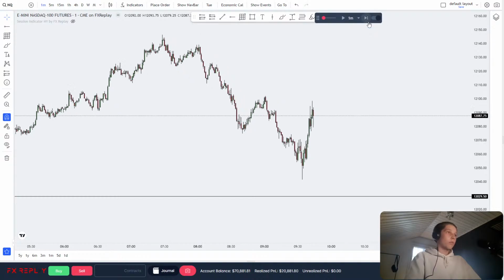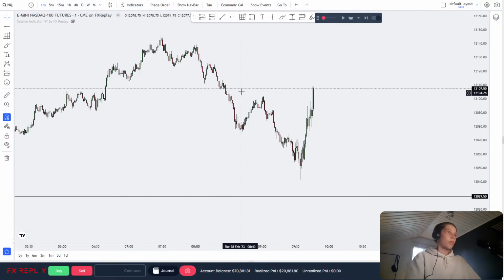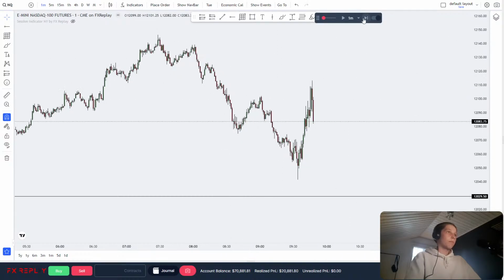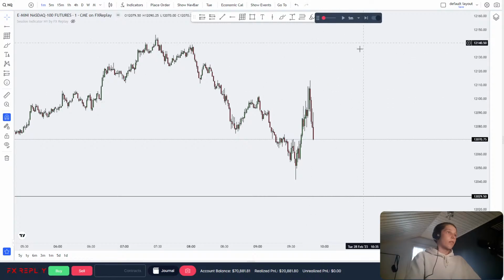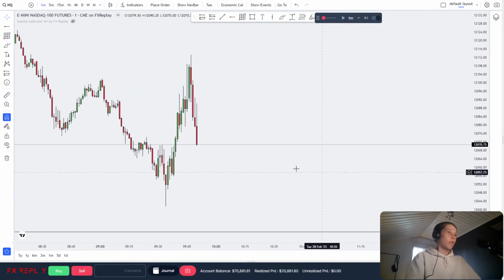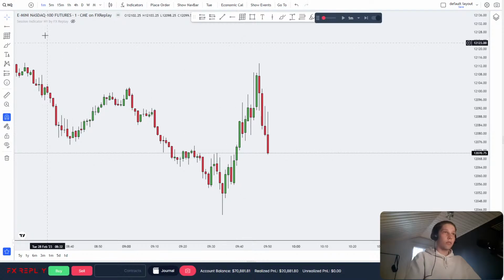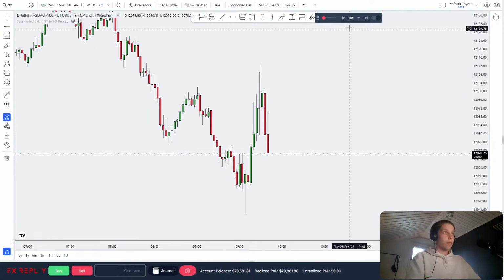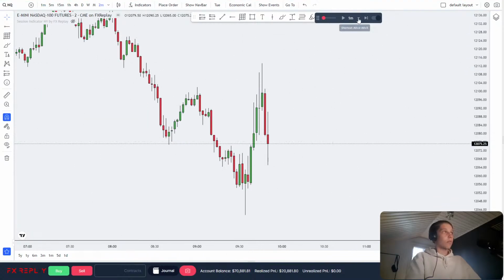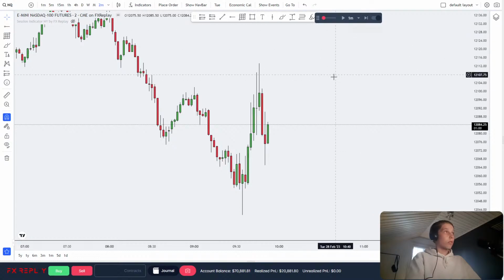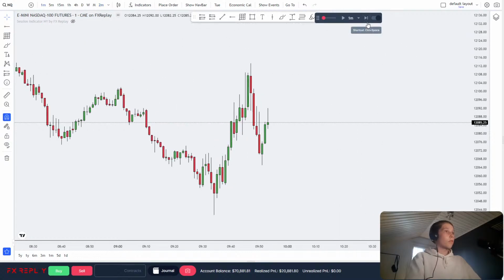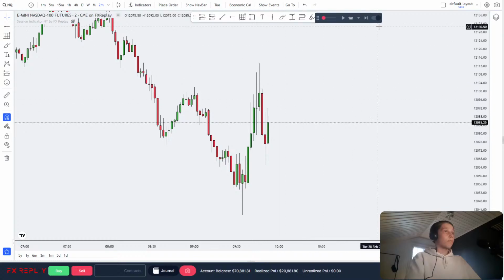Now we see some liquidity swept there. Unfortunately, this candle doesn't split that gap, nor any of the other gaps. So let's just continue watching this.